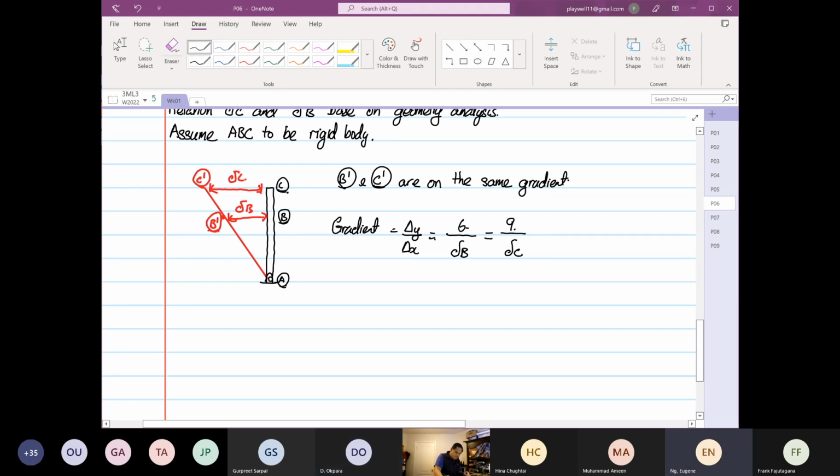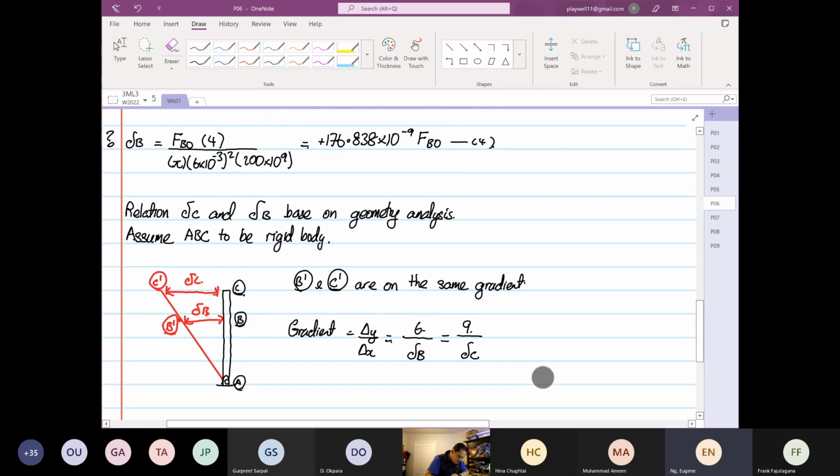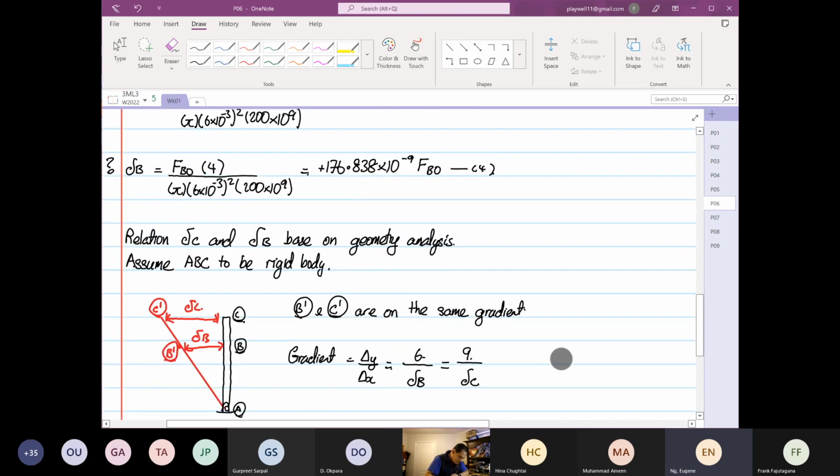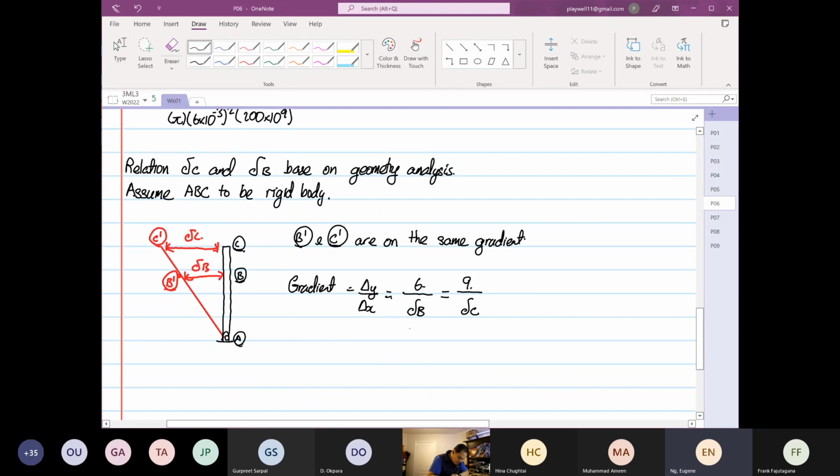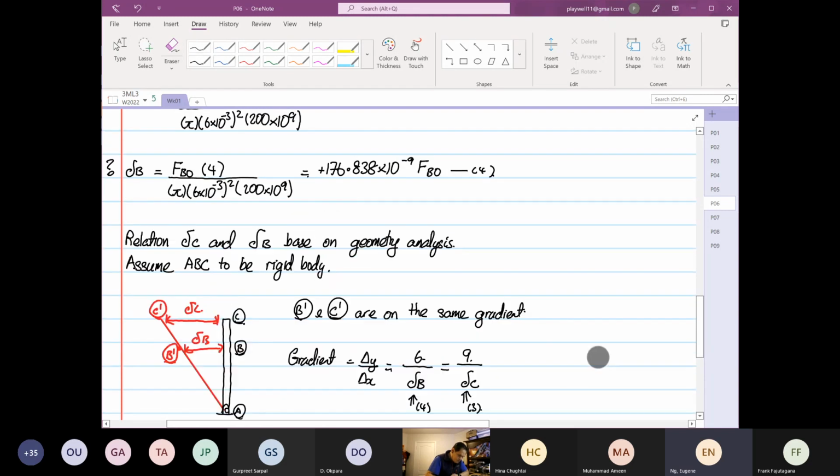So from here we can substitute equation 3 and 4, right? Deflection of B, this will be our equation number 4, and this will be our equation number 3.